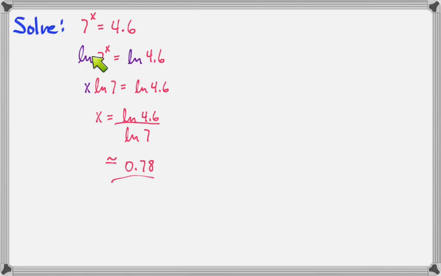See, it's just the same pattern over and over. So once you get used to the process, it never changes. You just want to make sure before you start that the base and the exponent are by themselves before you do this natural log to both sides step.